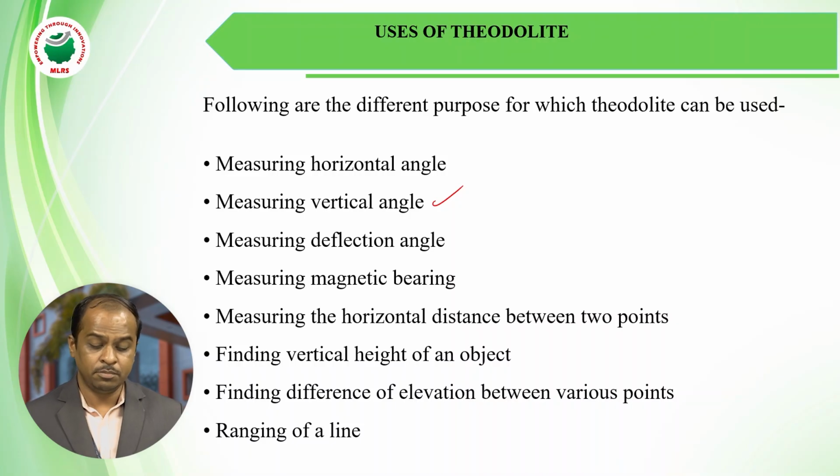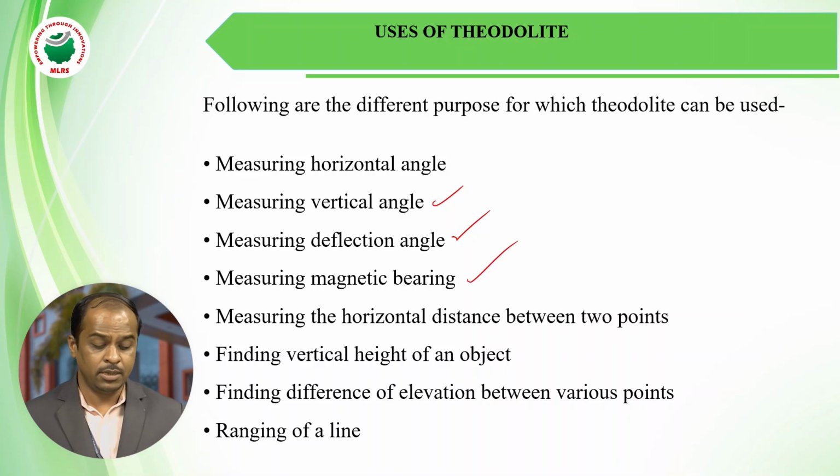Measurement of deflection angle: if we need to measure the deflection angle with the previous survey line, we can use the theodolite instrument. Next, measuring the magnetic bearing of the survey line with respect to the magnetic north.